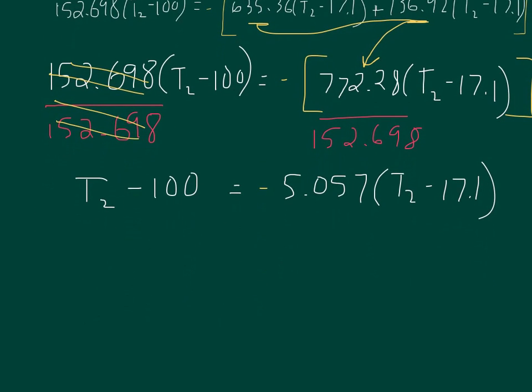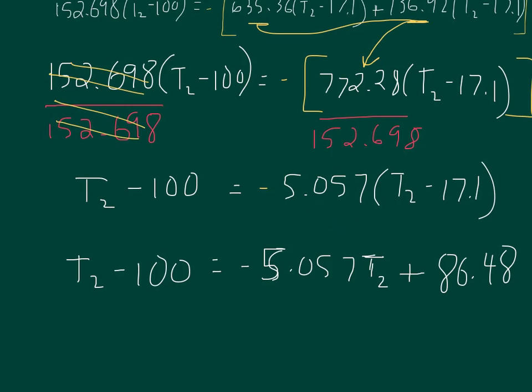So now we can just simply expand out this bracket, and then we're going to collect our like terms. So when we expand our right hand side, we end up with negative 5.057 T2s, and because we've got a negative and a negative, this becomes positive 86.48. So let's take our T2s and have them on the left side, and let's have our numbers on the right side.